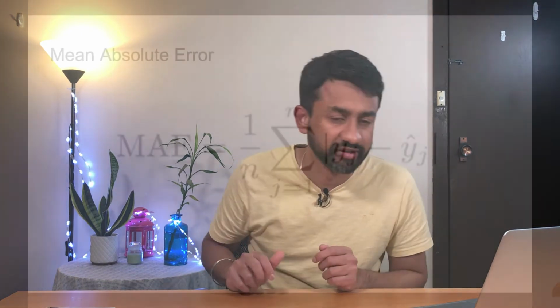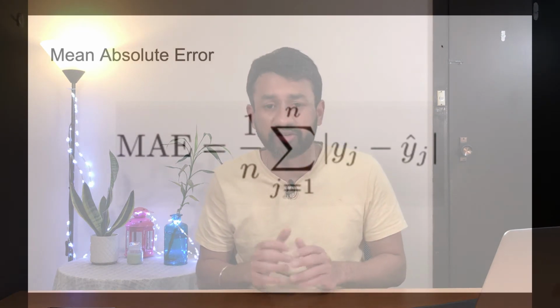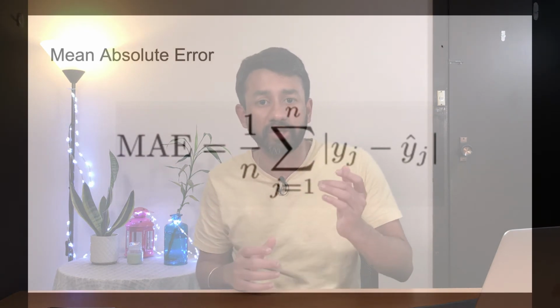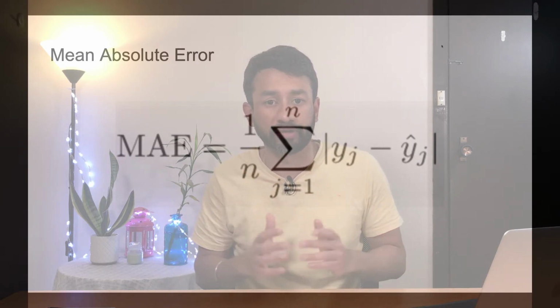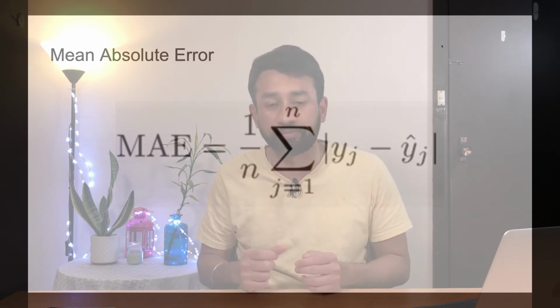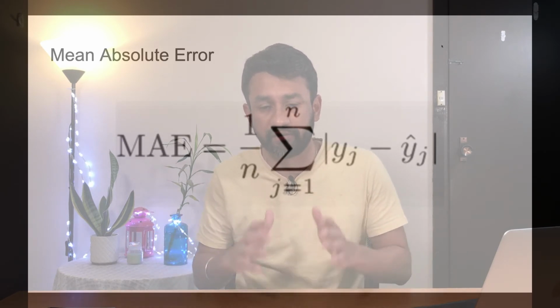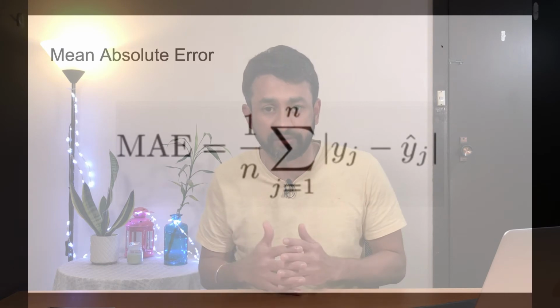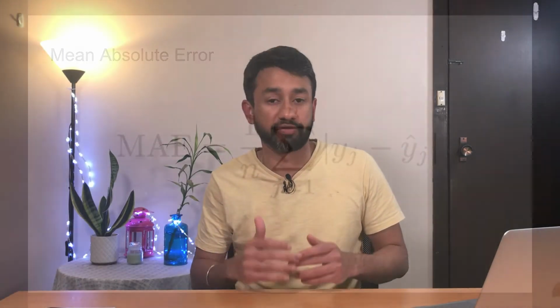The next one is mean absolute error. In this case, we are just taking the difference between the actual value and the predicted value and taking the absolute of it, which means the modulus of it. So even if it is negative or positive, it doesn't matter. We add up all of it, we take a modulus of it, and then we divide it by the number of observations to see how much is the deviation.